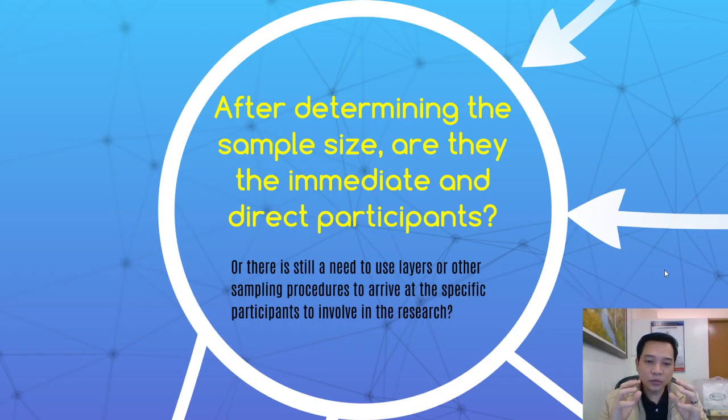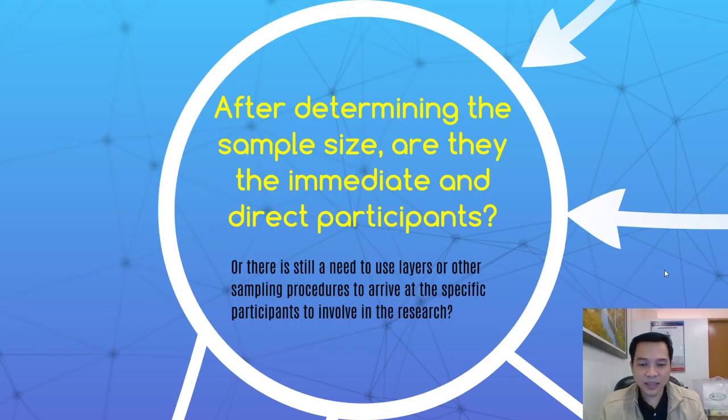You need to divide them up or stratify them or distribute them to different, let's say, segments, sections, or portions, and then later on still subdivide further? Or are they the direct participants of your study? Which means you just need to extract them directly from the population. There are no other layers.